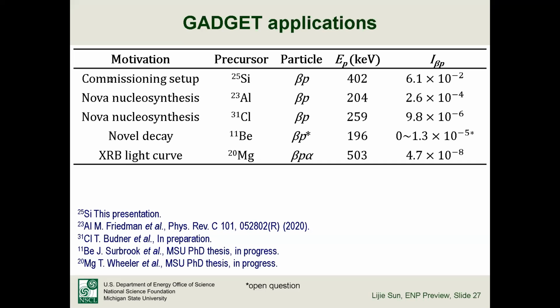They are both for nova nucleosynthesis, and also magnesium-24 to investigate the X-ray burst light curve. So for astrophysics, the other three cases are more interesting, I would say. Hope that answers your question. Yes, thank you.